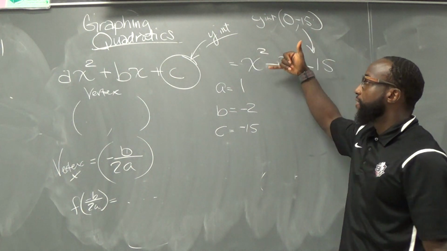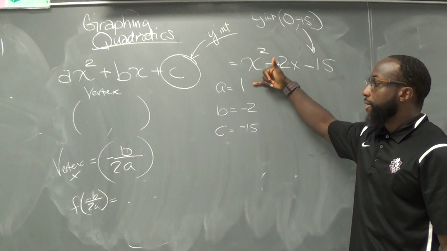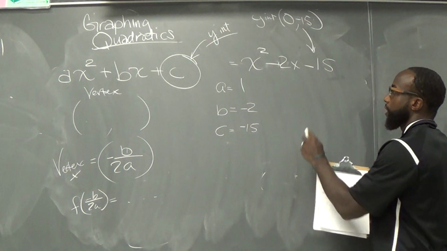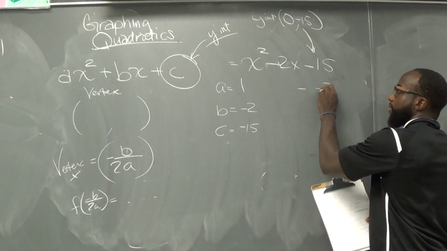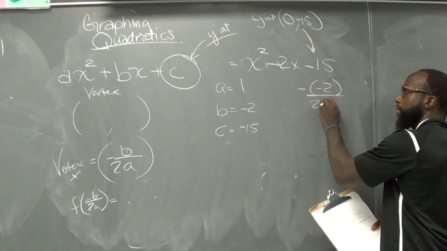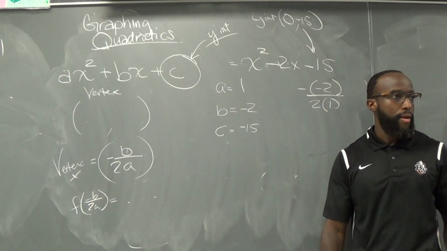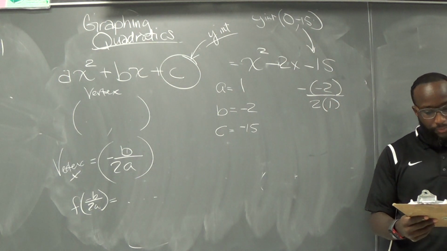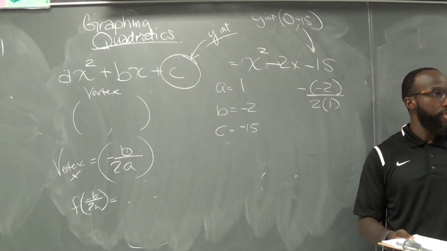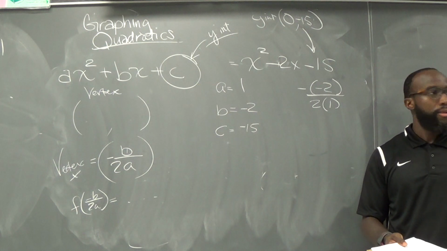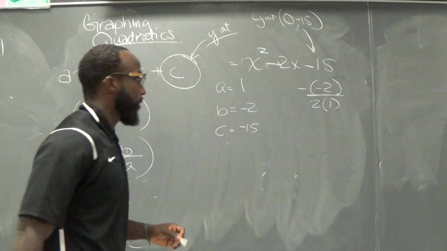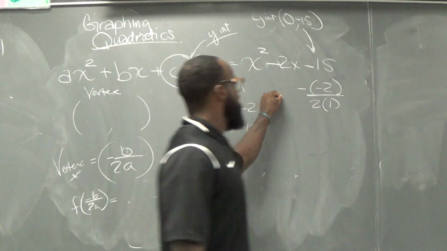Now we're going to find our vertex. In order to find a vertex, it's negative b over 2a, right? Negative b is going to be negative 2. That's the b. Over 2 times a, which is 1. Everybody good with that? We all good so far? Alright.